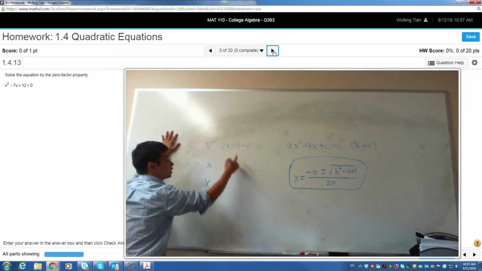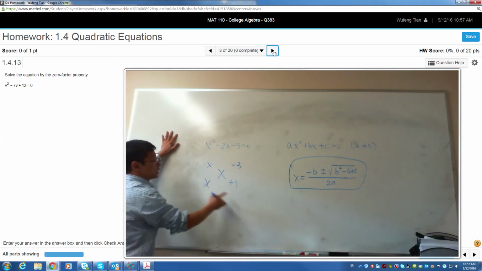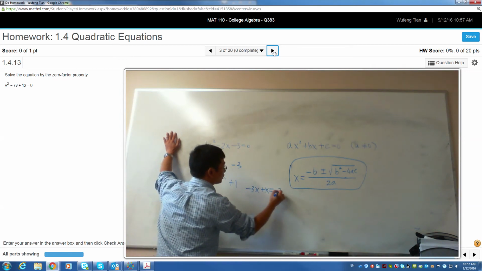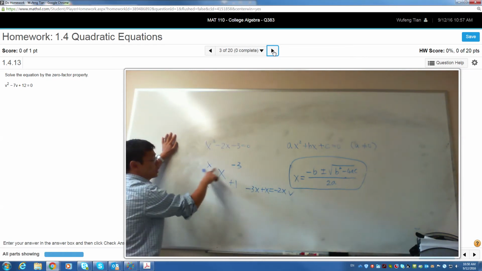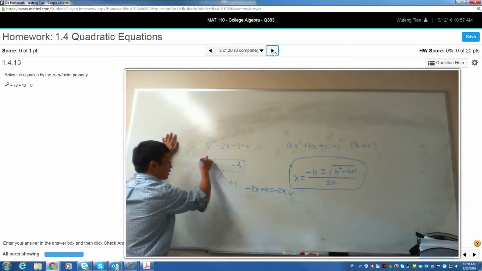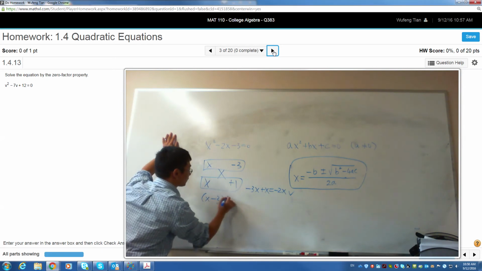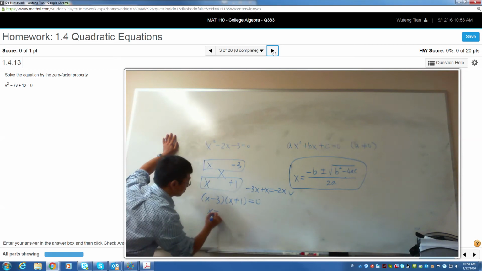Factor the last one as negative 3 and positive 1. Cross multiply: negative 3x plus 1x equals negative 2x, which is the middle term, and that's right. Then my factoring is going to be, this is my first factor, this is my second factor. So it's going to be x minus 3, x plus 1 equals 0.